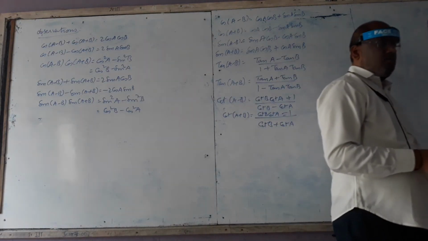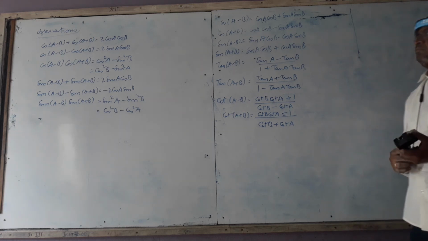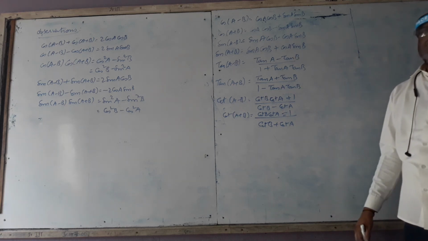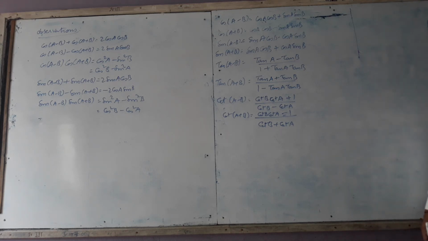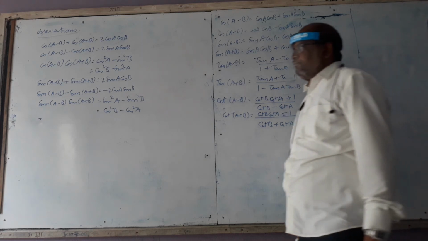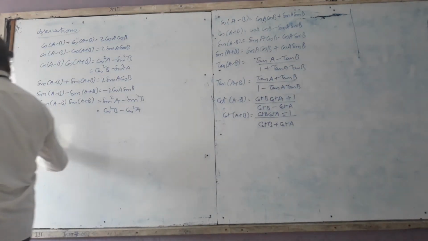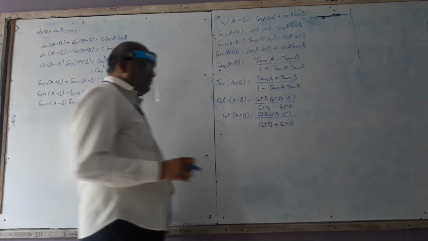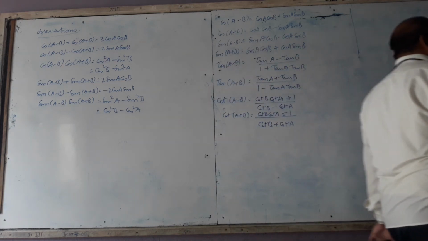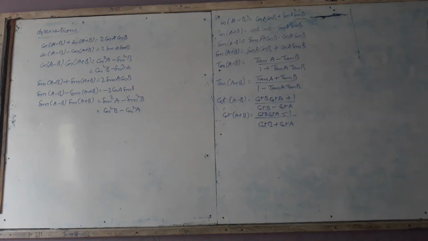Make it fast. I am asking you the trigonometric ratios of the angles 0, 30, 45, 60, 90. Are you prepared, sir?